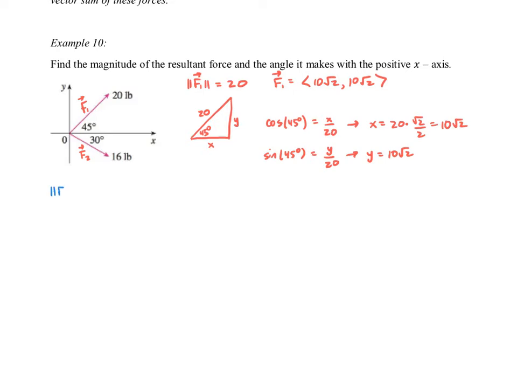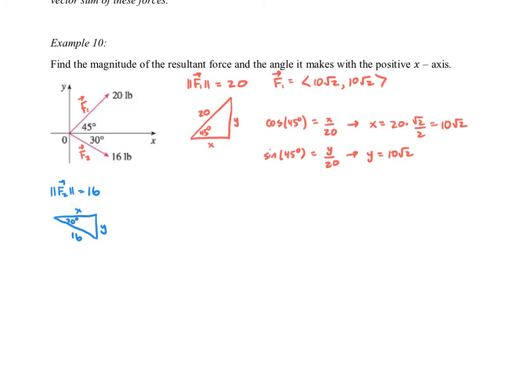So the magnitude of force 2 is going to be 16, which is given to us in the problem. I'm just going to draw out the triangle again. The only tricky part to this triangle is that the y component is negative because it is moving in that direction. And so when we're going to calculate the components for this particular one, we have this 30-degree angle right here.